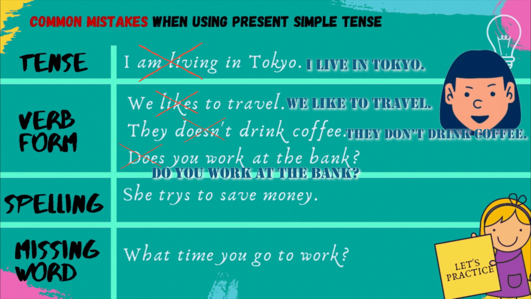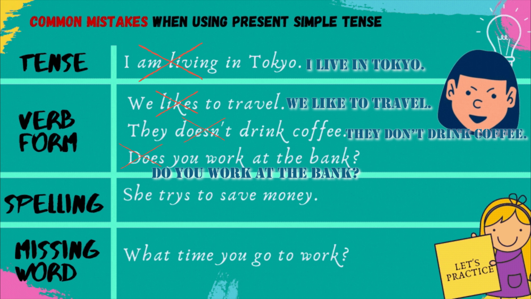Another common mistake when using the present simple is in spelling. We looked at the many kinds of spelling when changing singular verbs, right? So here the person wrote, she tries to save money. The intention of changing the verb try to make it singular is right. However, the spelling is incorrect.